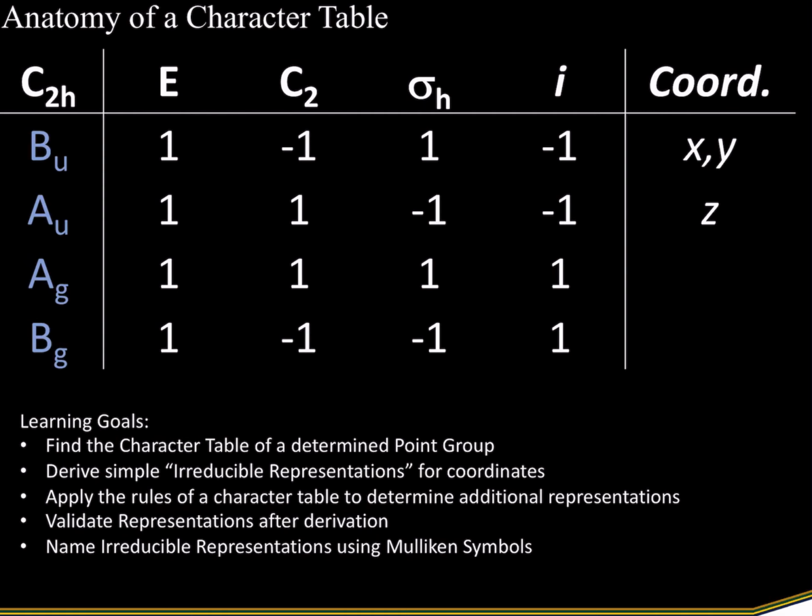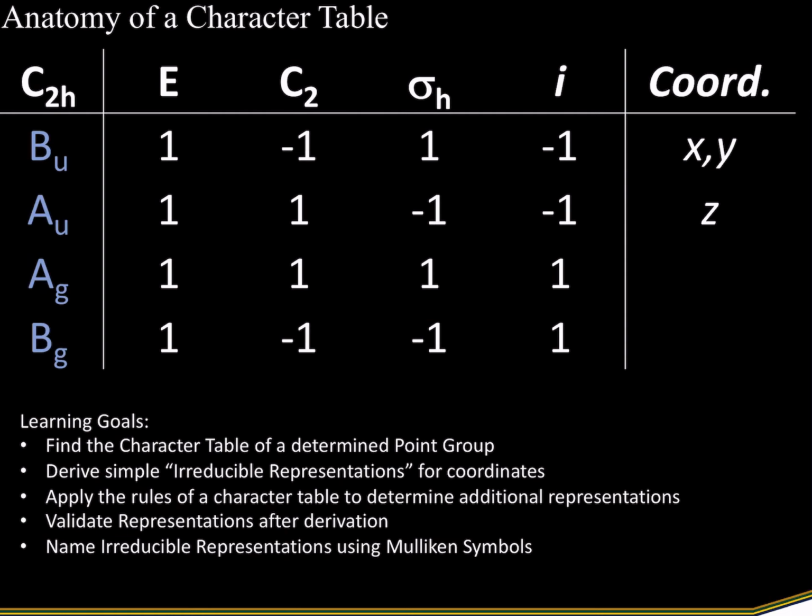So moving forward, if I were to tell you that we had a Bg type symmetry, you would know that no matter what we're talking about, it is antisymmetric with respect to the principal rotation axis, and it's symmetric with respect to inversion. That Mulliken label actually tells us a lot about the symmetry of a given line, of a given object or substructure within our point group.